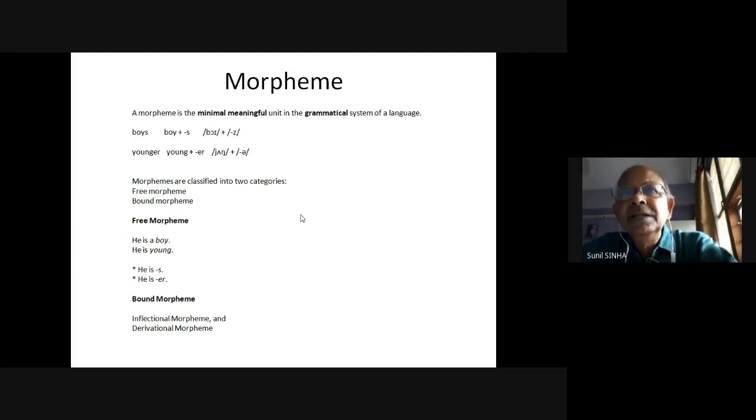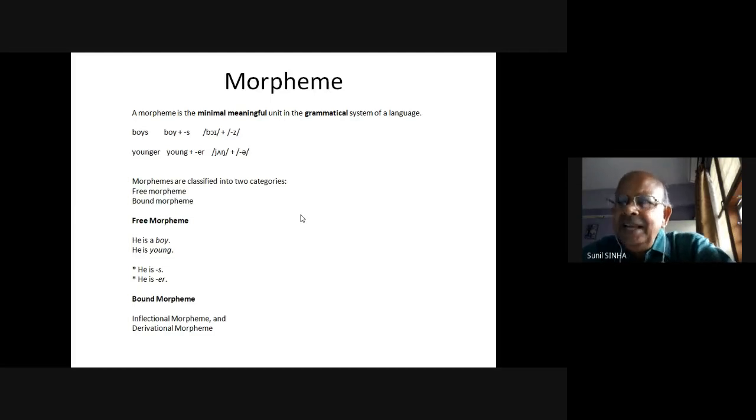Meaning comes out when we combine sounds into syllables and syllables into words. So in morphology, we study the structure of words, how sounds are combined together to form a word.